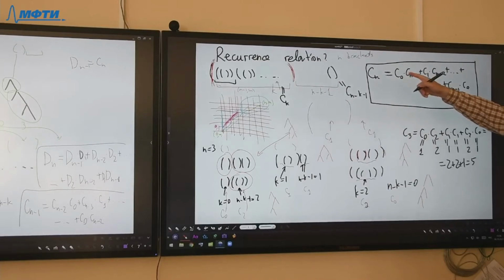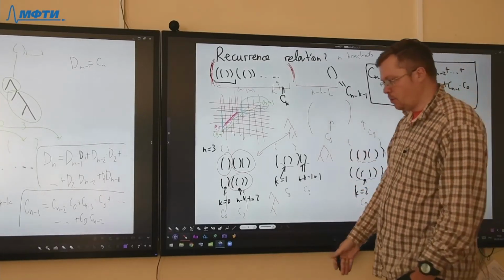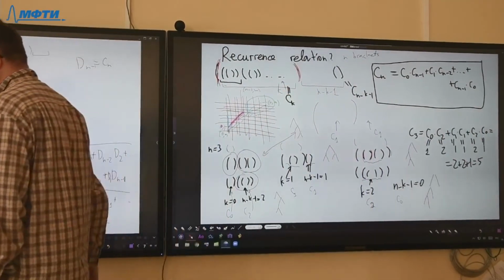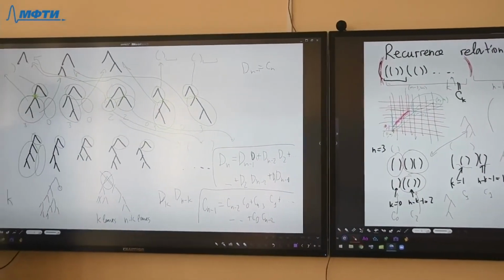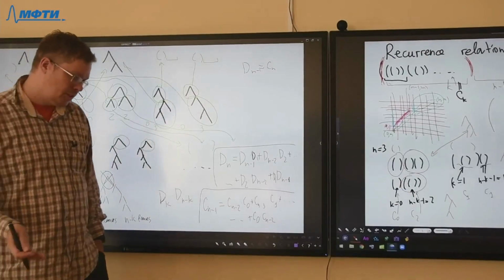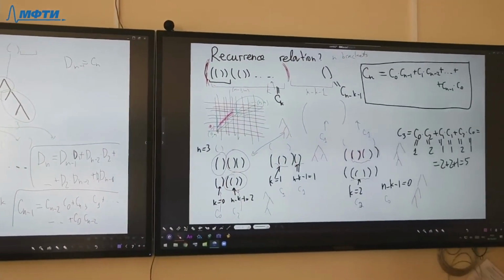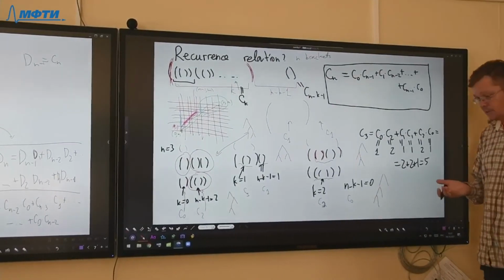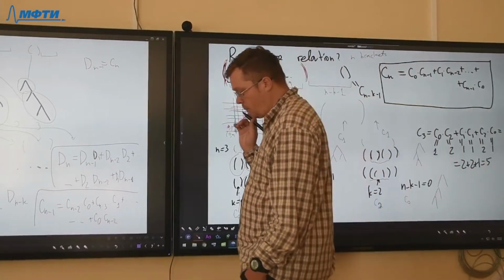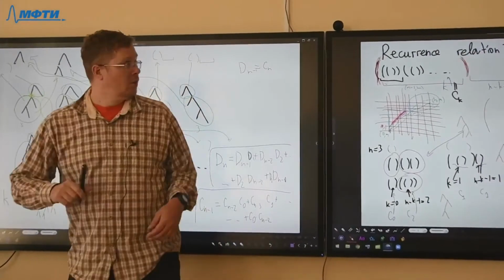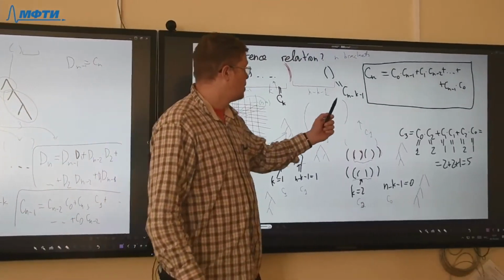I think that will be in 2 or 3 weeks, because in the next lecture we're going to discuss formal power series, another instrument helping us to find relations and properties of sequences. And I will give you another proof of finding the formula for the Cn using this relation.